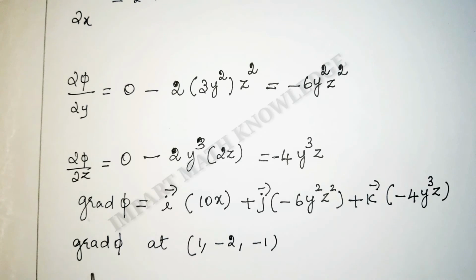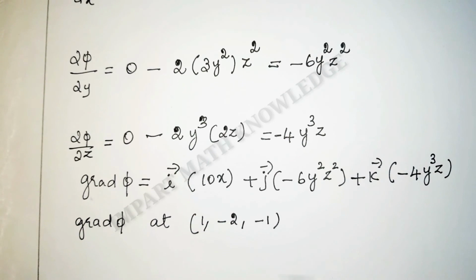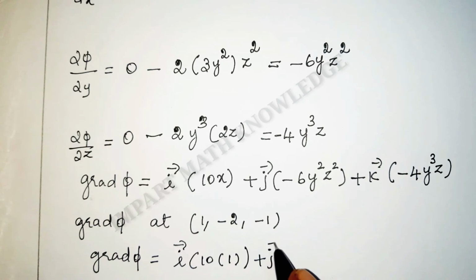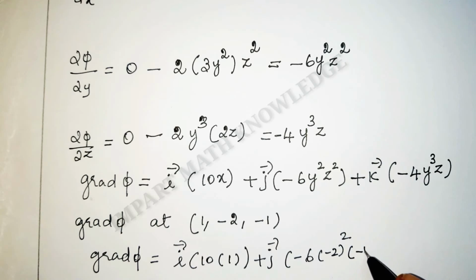We want to find grad phi at the point 1, minus 2 and minus 1. That is grad phi is equal to i vector 10 into x value is 1 plus j vector minus 6, y value is minus 2 square, z value is minus 1 square plus k vector minus 4 into y value is minus 2 cube, z value is minus 1.